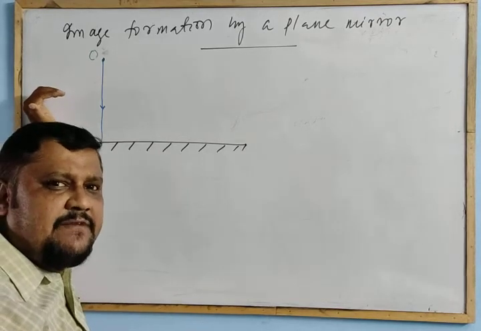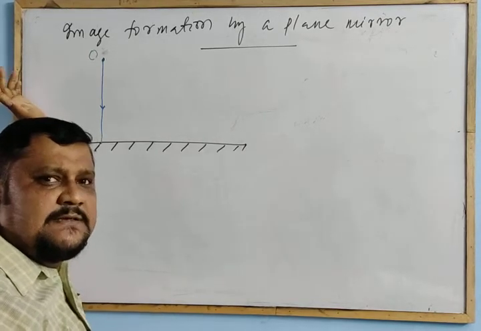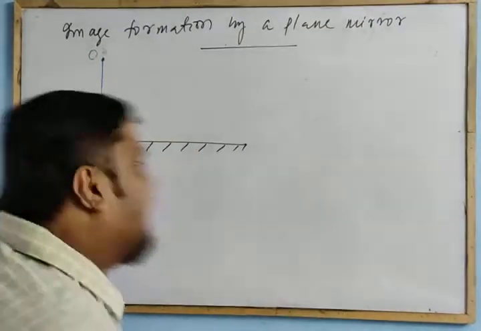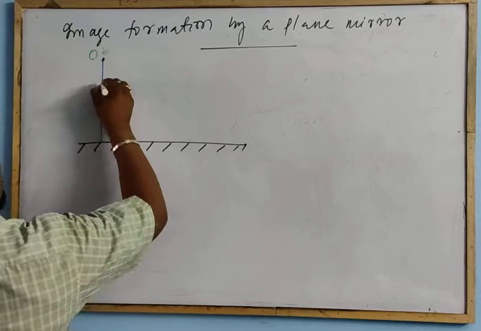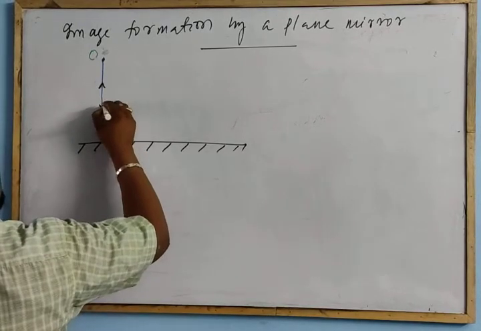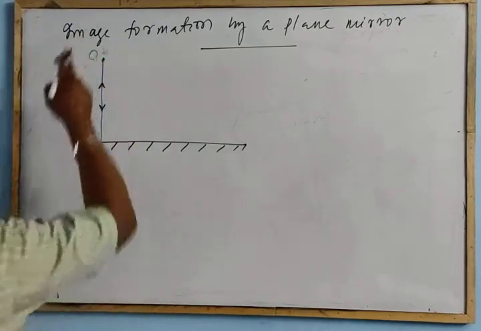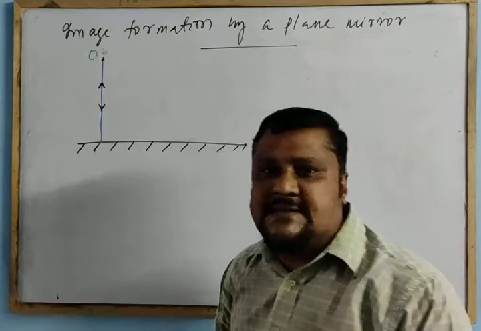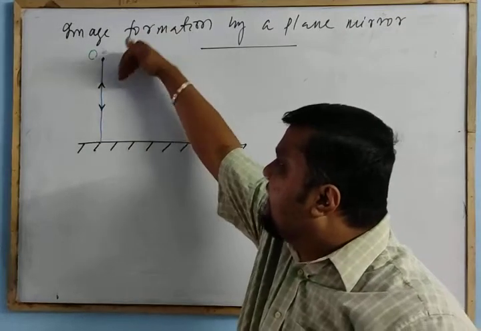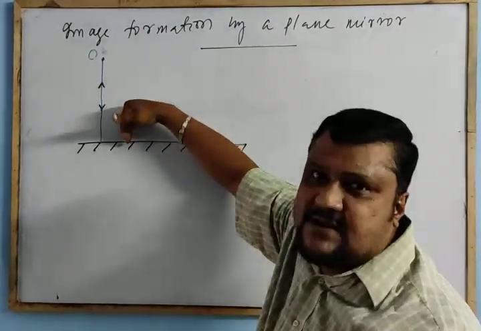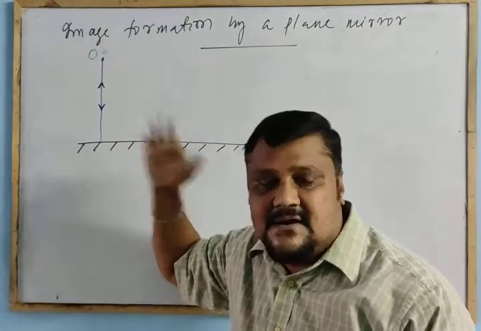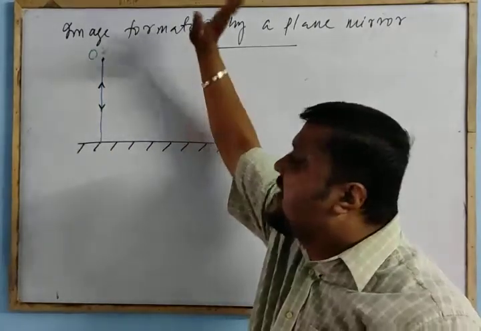So what will be the angle of reflection? That will also be 0. It means the ray will be sent back along the same path like this. So this is the incident ray and this is the reflected ray. From this we know that if a ray is incident normally on a reflecting surface, it will retrace the same path.